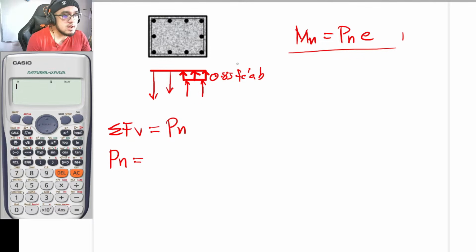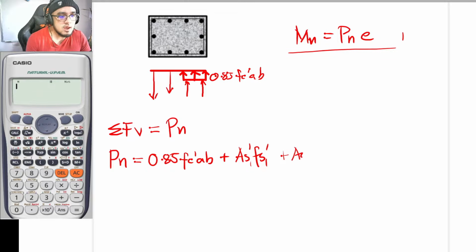So with that, guys, let's say that this is now to be 0.85 f'c ab, then plus As' fs'. So let's say that you would be having two layers. So let's say that that is to be As1' fs1' plus As2' fs2', etc. But generally speaking, just add all of the As' and fs'.